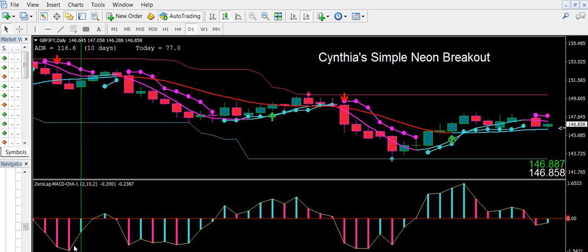You can see that the signal line and the volatility bar has shrunk back and retracted and is retracing towards the red zero line. So that shows that momentum or volatility is changing, and it's reflected in this candle here.